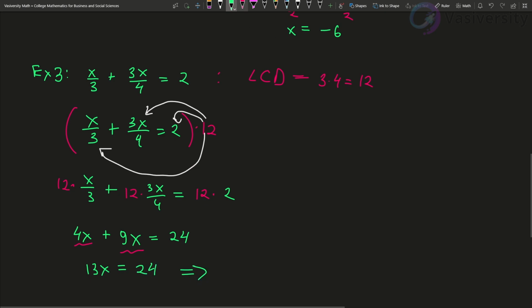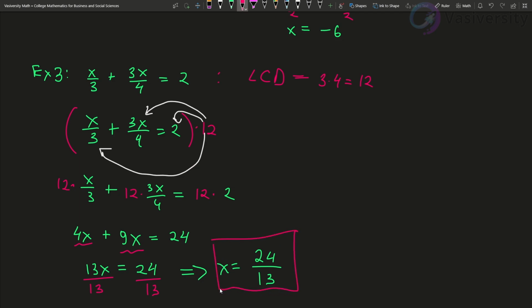So now what are we going to do? We're going to go ahead and divide by 13 on both sides, and we will have that x is equal to 24 over 13. Perfect. And that's going to be our answer. Okay. So we can also do that for the linear equations with rational terms. So you can do that example on your own.